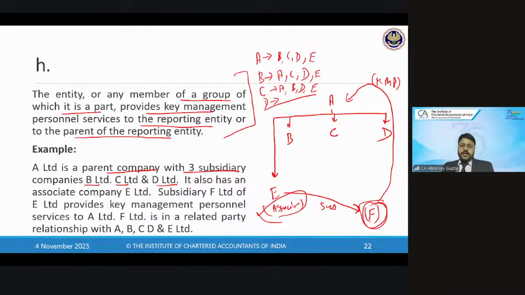Is that clear? But by virtue of this clause H, it says if any other company is related to the associate, now F is related to the associate E, yes or no?